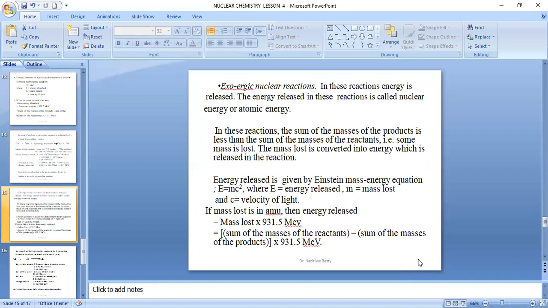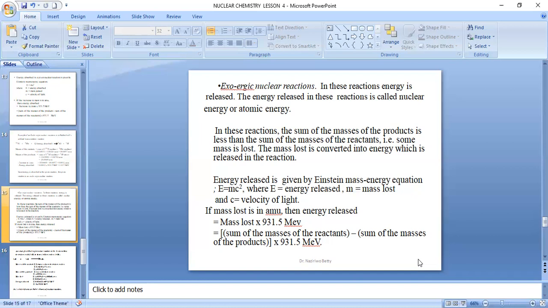The energy released in these reactions is called nuclear energy or atomic energy. In these reactions, the sum of the masses of the products is less than the sum of the masses of the reactants. That is, mass is lost. The mass lost is converted into energy, which is released in the reaction.